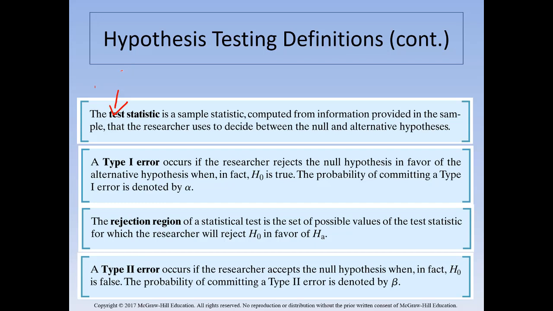So for example, remember we had X bar, this was the sample mean, and we try and do this for mu, which is the population mean.